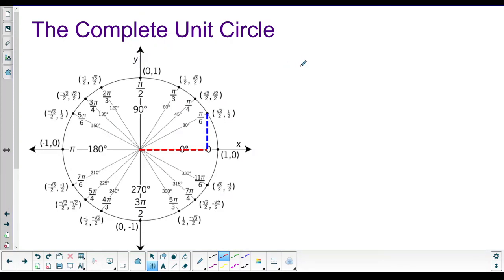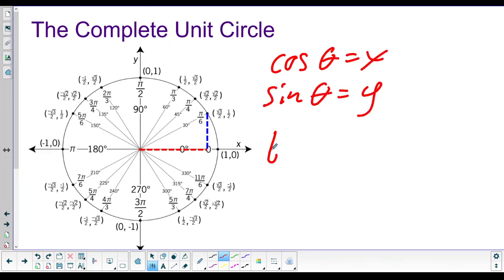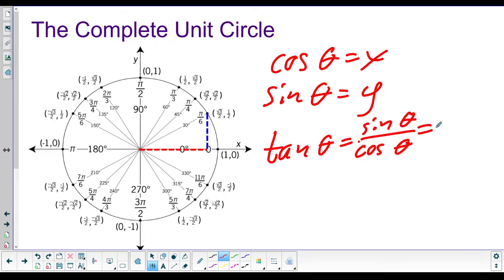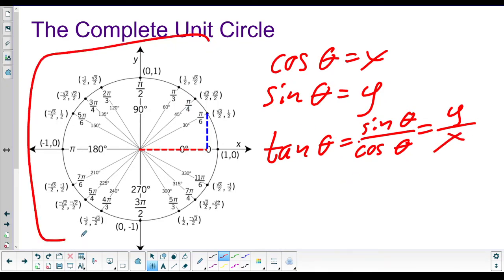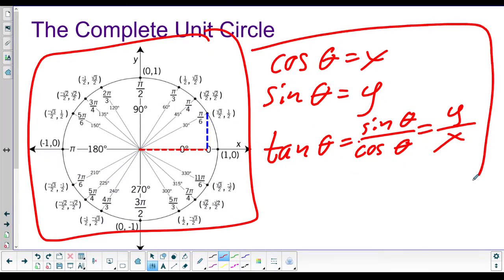And remember, cosine of theta equals x, sine of theta equals y, tangent of theta equals sine of theta over cosine of theta equals y over x. You need to have this thing memorized and these things memorized. And if I give you some of the information, you should be able to fill out the rest of it.